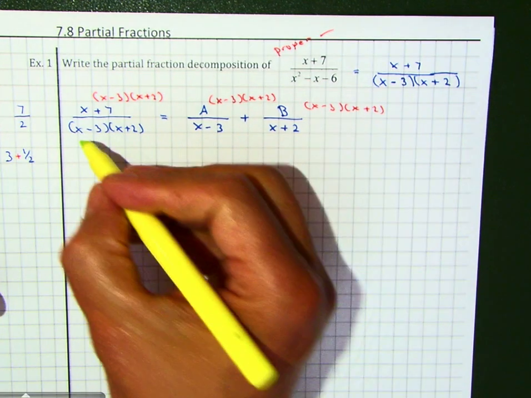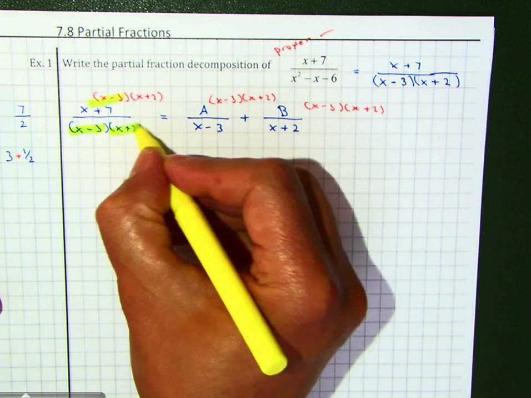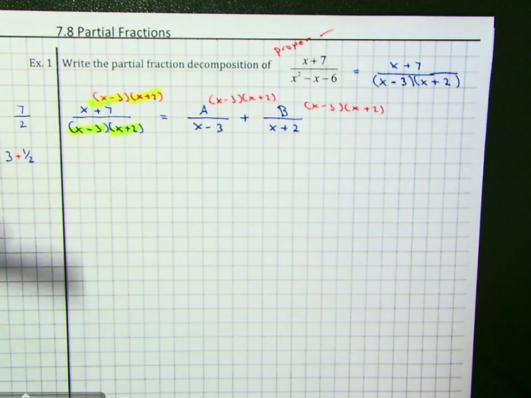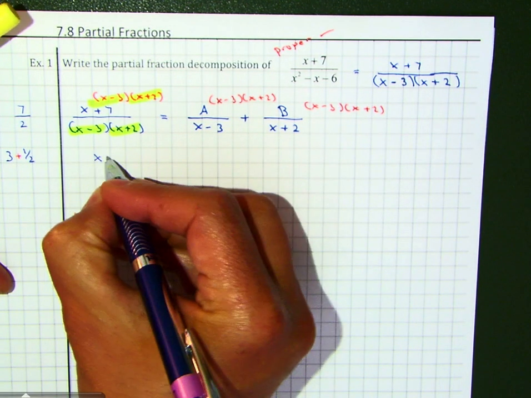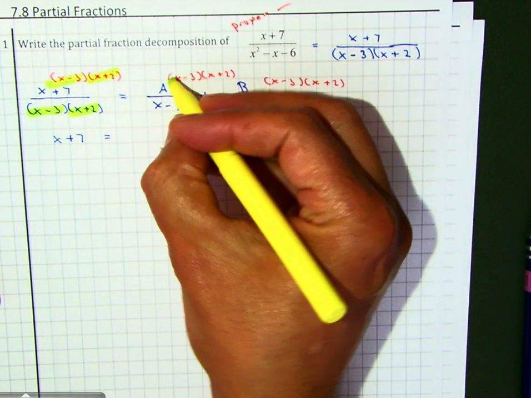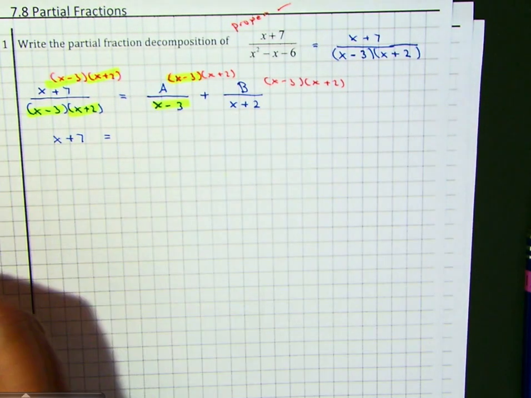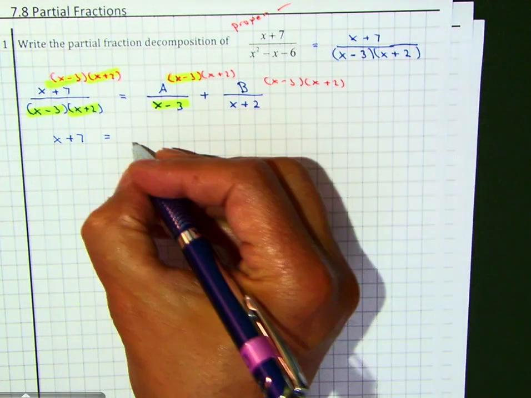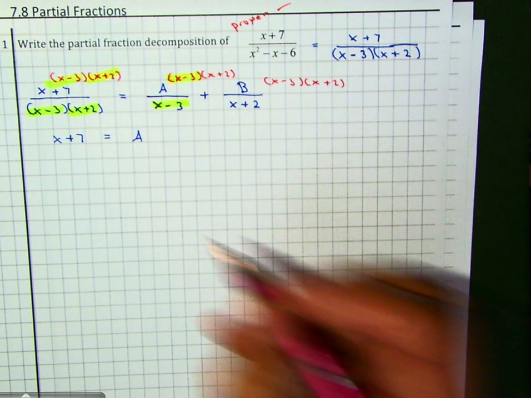So my x minus 3 cancels, my x plus 2 cancels. So I only have x plus 7 equals. On the next one, I'm going to cancel my x minus 3. So therefore I have my A and my x plus 2.